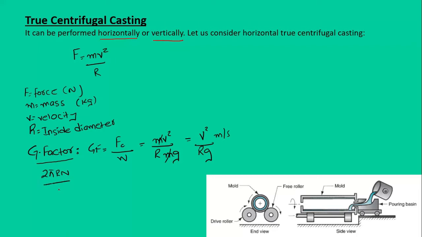And to convert it to minutes, we have 60, so we can have pi r n by 30. Now we can simply put this value into the formula of G factor.